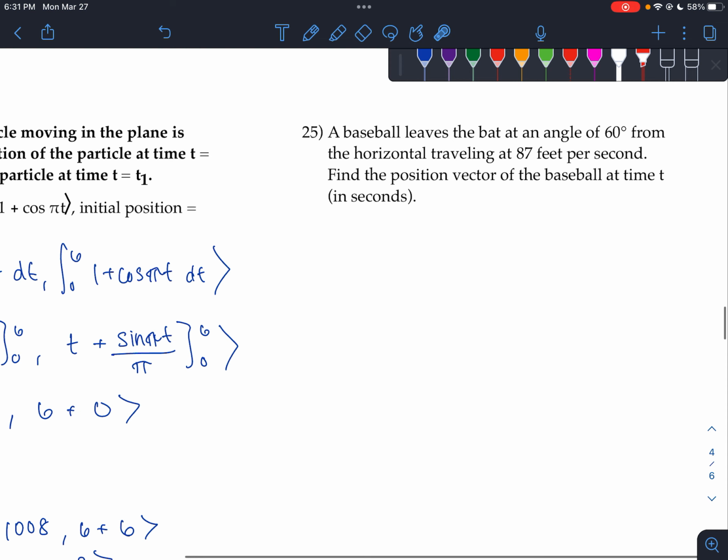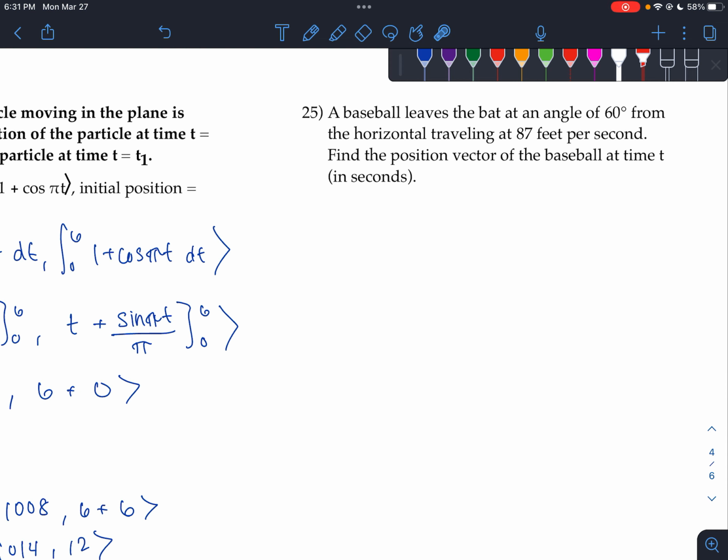All right, a baseball leaves a bat at an angle of 60 degrees from the horizontal, traveling 87 feet per second. Find the position vector and the velocity of the baseball at time t. So just kind of a visual.